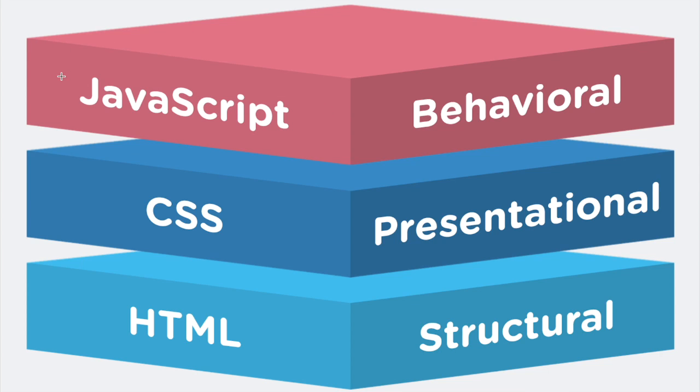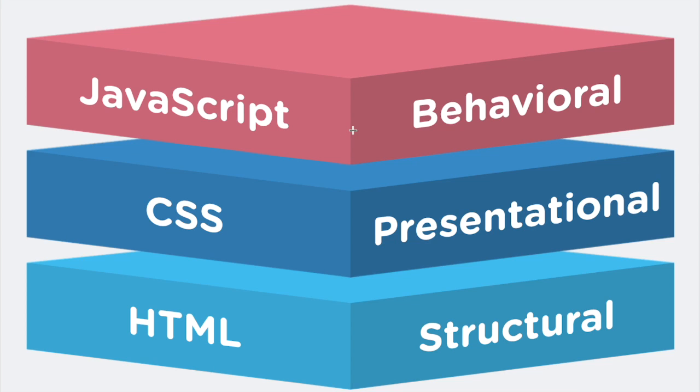So these three languages, JavaScript, CSS, and HTML, are what make up front-end web development. Now, back end, we're not going to be focusing on that, but it is made up of a lot of different languages, so if you want to do some research on that, you can. But enough wasting time, let's talk about these languages.